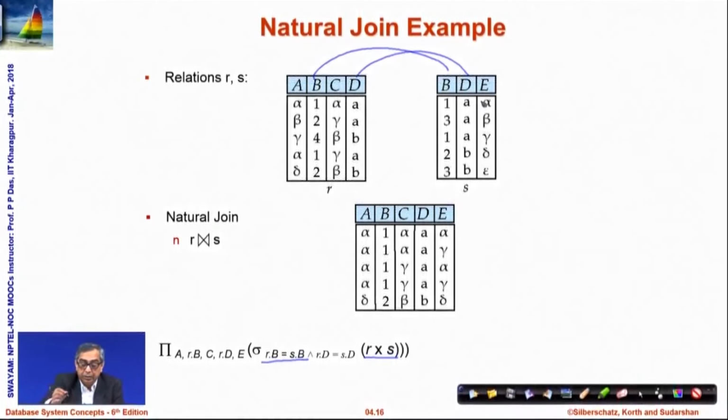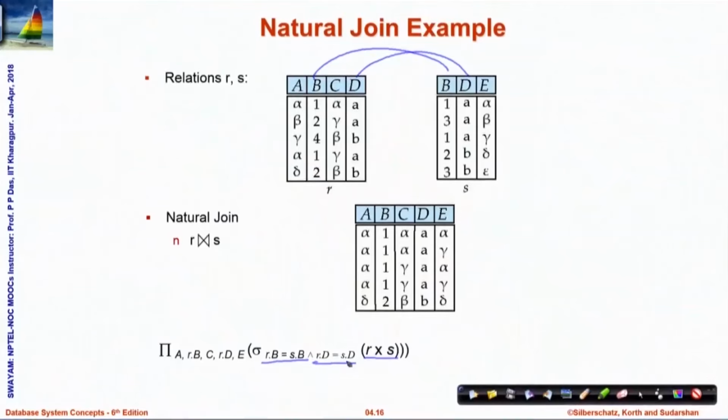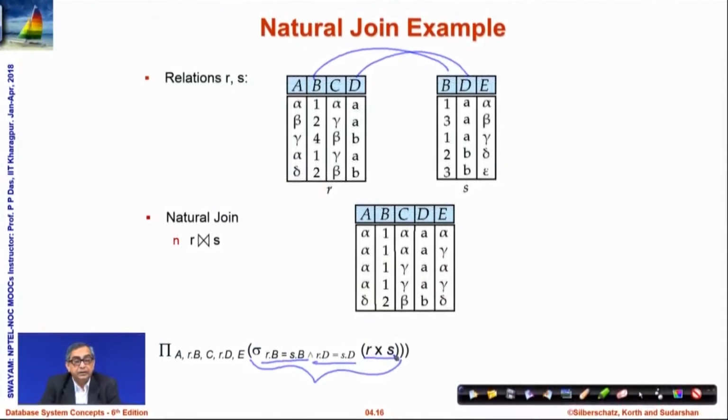Similarly, D is a common attribute, so the value in R dot D and the value in S dot D have to be the same. Based on the Cartesian product, you do a selection for equality of values on attributes which are identical between the two relations, the two tables. This is the final selection.